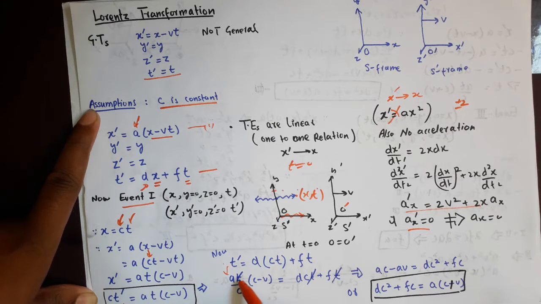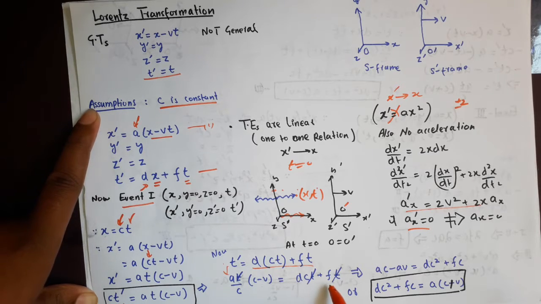This gives me a times t times c minus v divided by c is equal to d ct plus ft. You see here there is t, so this t will be taken common and it will cancel out. So we are left with a times c minus v divided by c is equal to dc plus f.